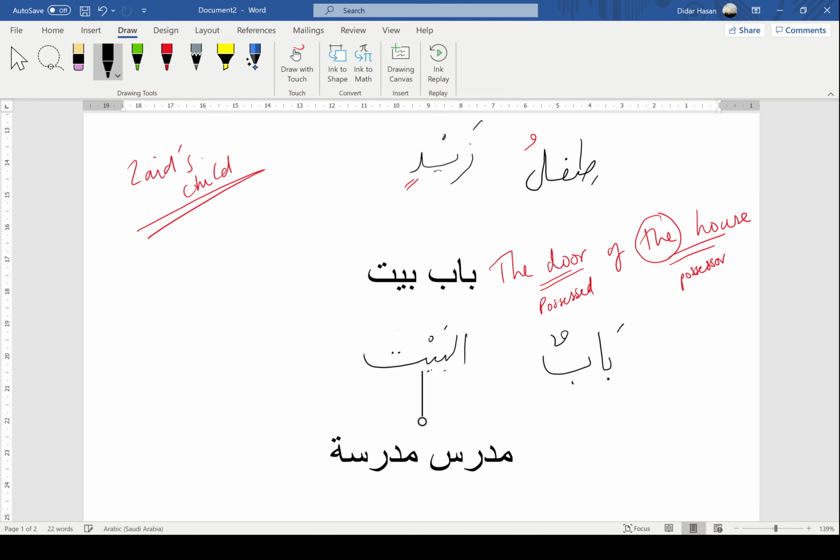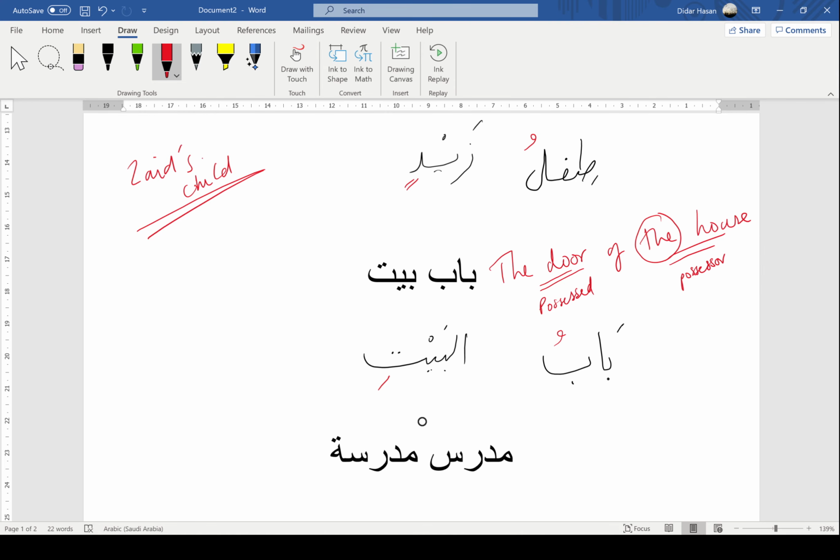Al-baytu. So babun al-baytu. Now we're using the rules again. Step 2, babu is given one dhamma because it's the possessed, and the possessor will be given a kasra, in this case one kasra because of the alif lam. So babul bayti, the door of the house.